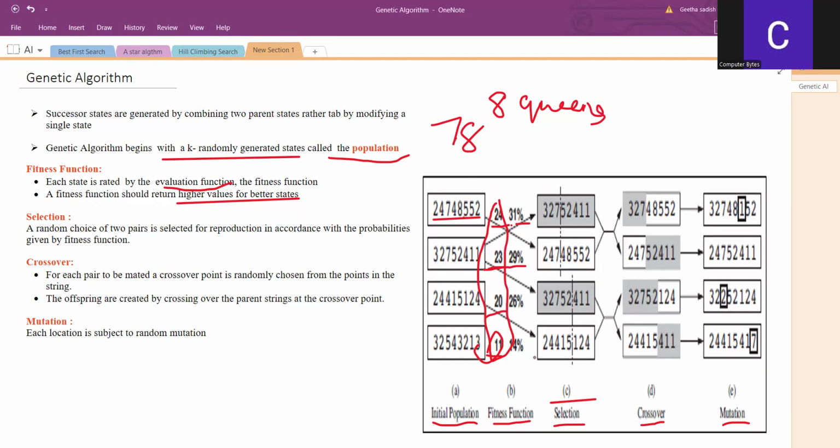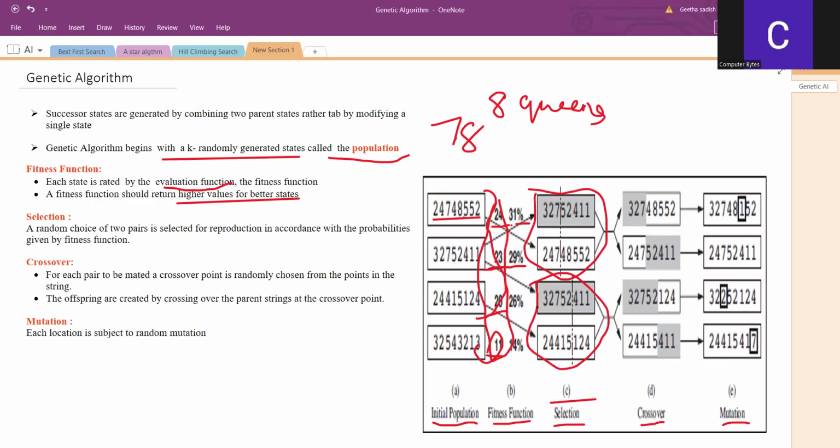That's only in terms of percentage they have represented. After the fitness function, you have selected only these 3 states. Normally for genetic algorithm, you need 2 parents. So this is one parent pair and this one is another parent pair.